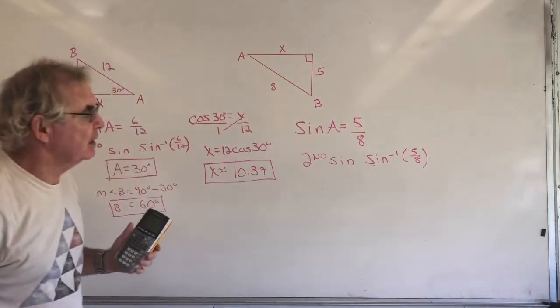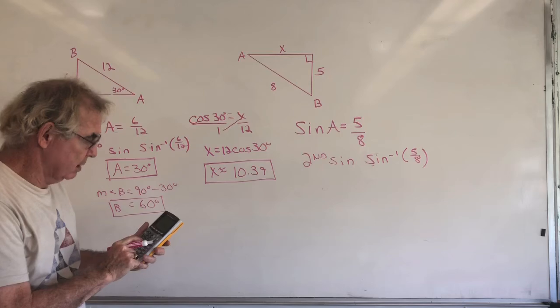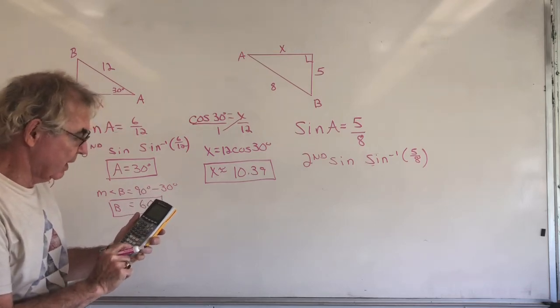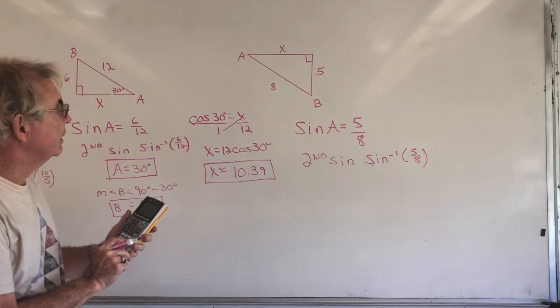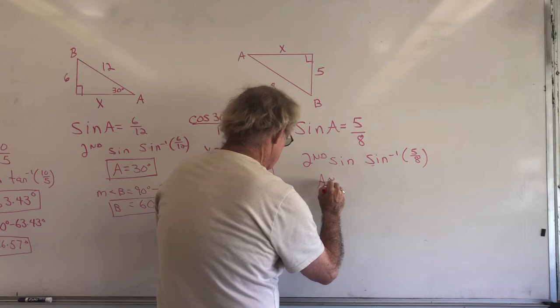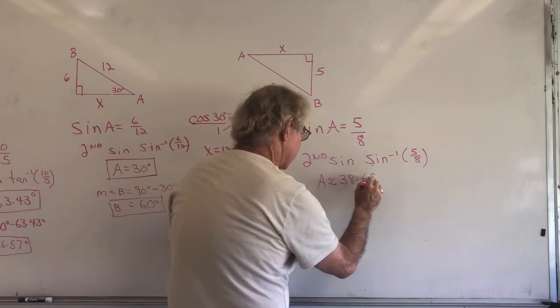And typing that into your calculator, second sine of 5 divided by 8, we get angle, in this case A, is approximately 38.68 degrees.